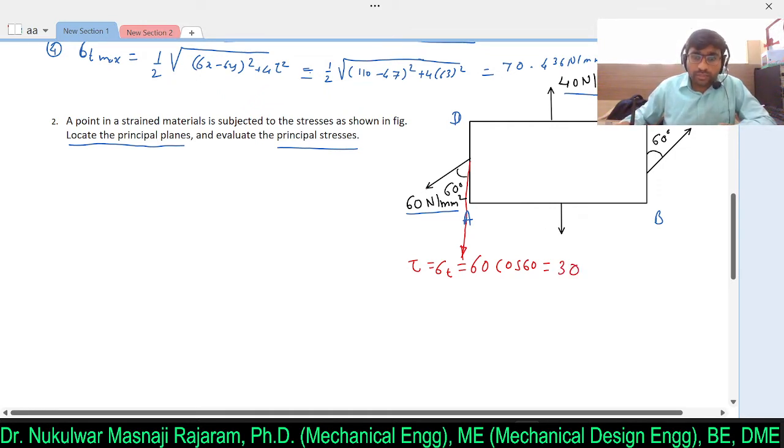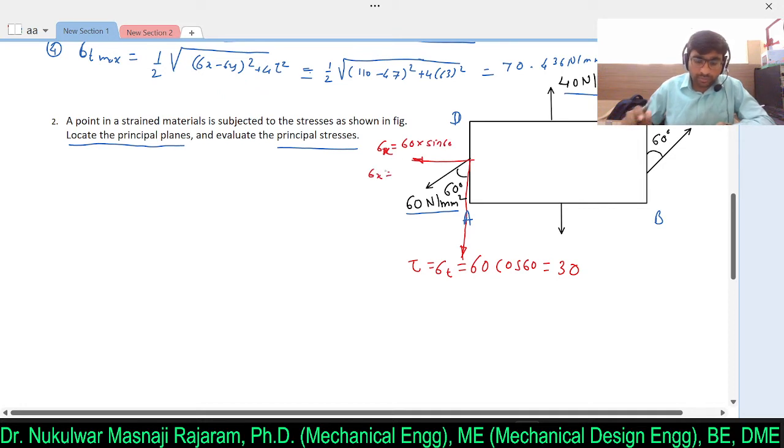Next, when I resolve this force along the x direction, that is the normal stress along the x direction, that will be 60 into sine of 60.